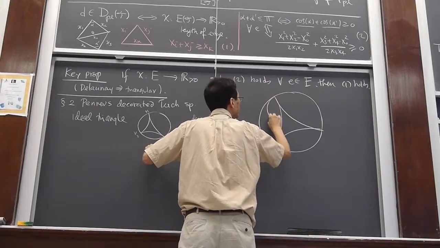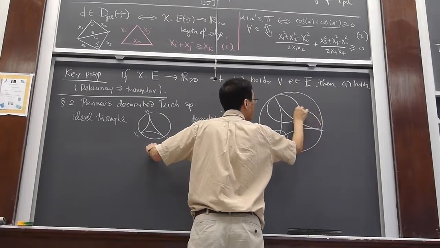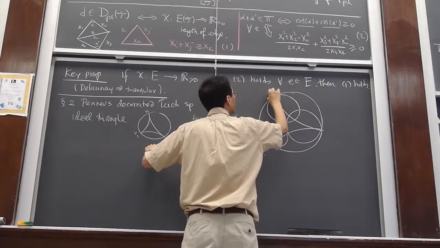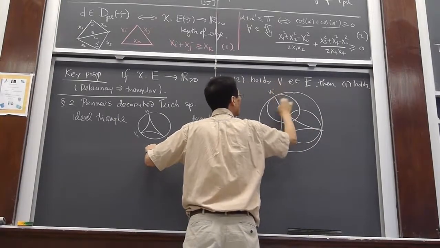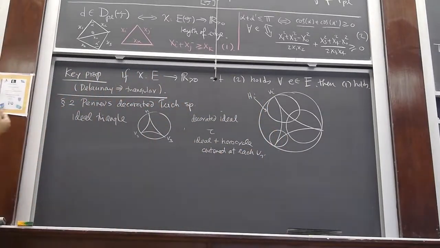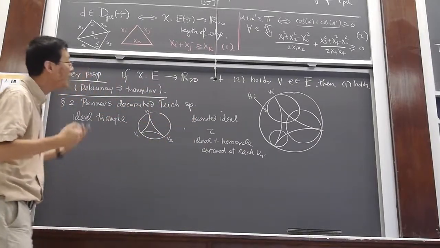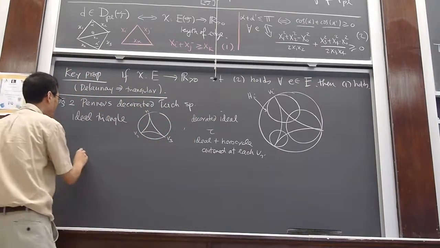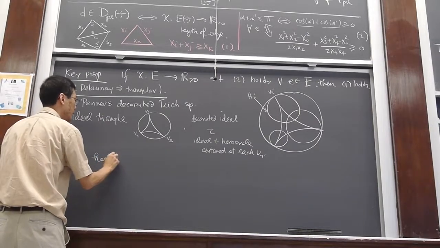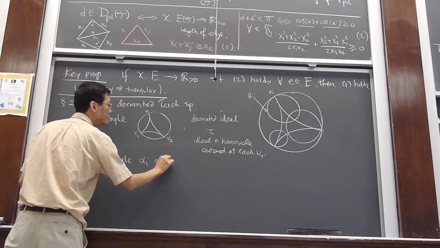You just draw a picture like that. I'm going to label it v_i, and then you have a horocycle h_i. So that's a picture. And whenever you have that, these have angles and lengths.